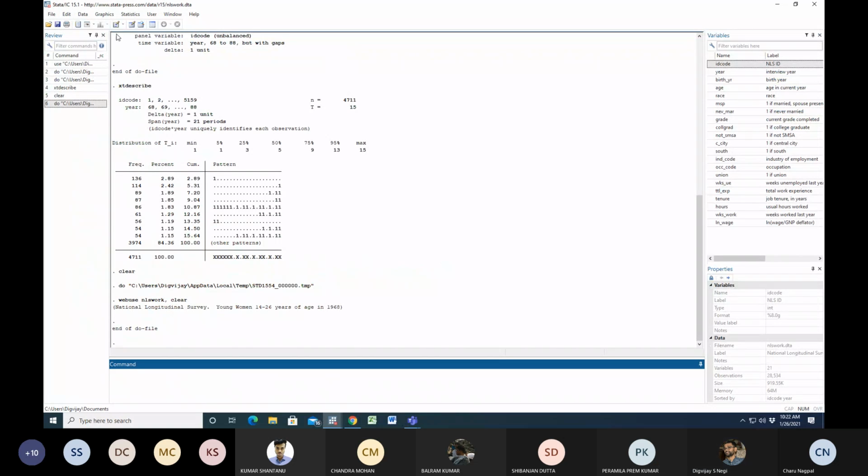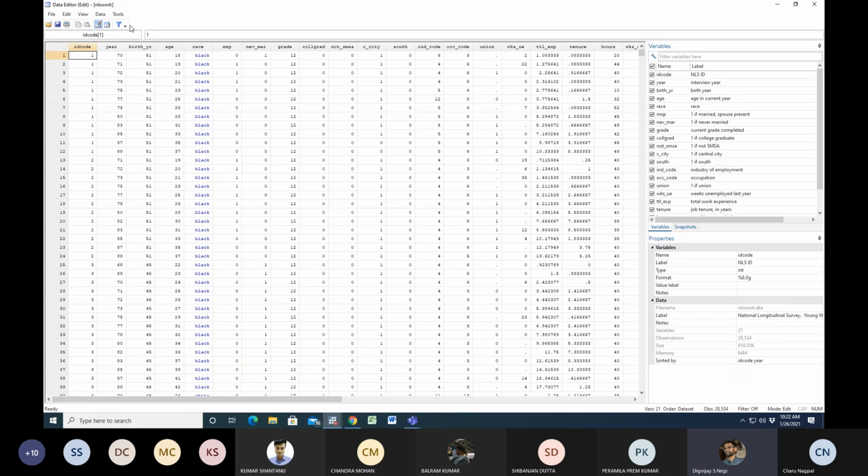Let me show you the data set. Here you have this variable ID code. This ID code variable tracks the individual, so each ID here is just one individual.